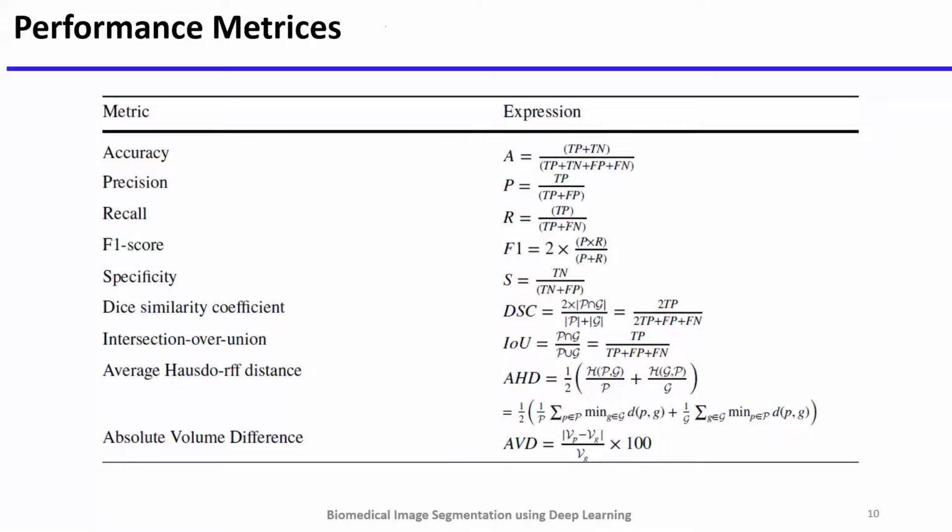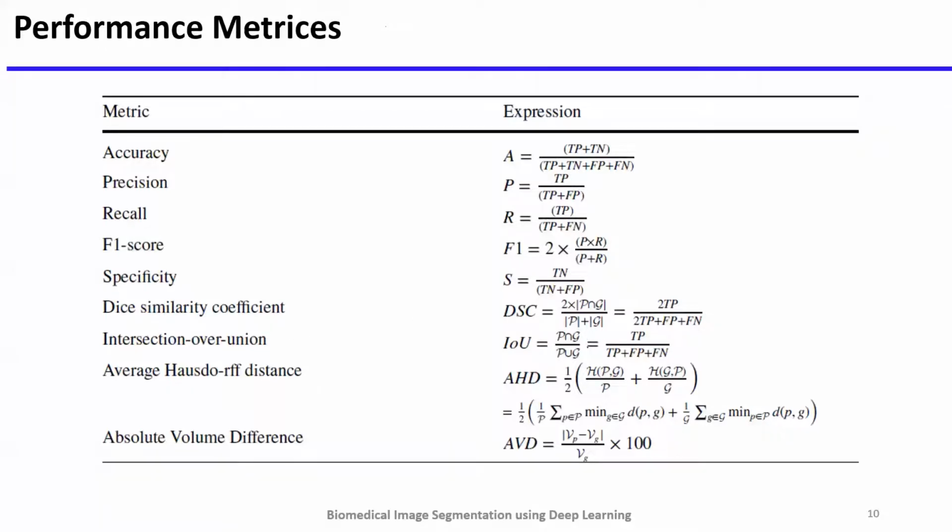Two famous ones, especially for segmentation tasks, that researchers are using are the dice similarity coefficient, which is measured as 2 into true positive upon 2 into true positive plus false positive plus false negative, and another important one, which many are using, is intersection over union.